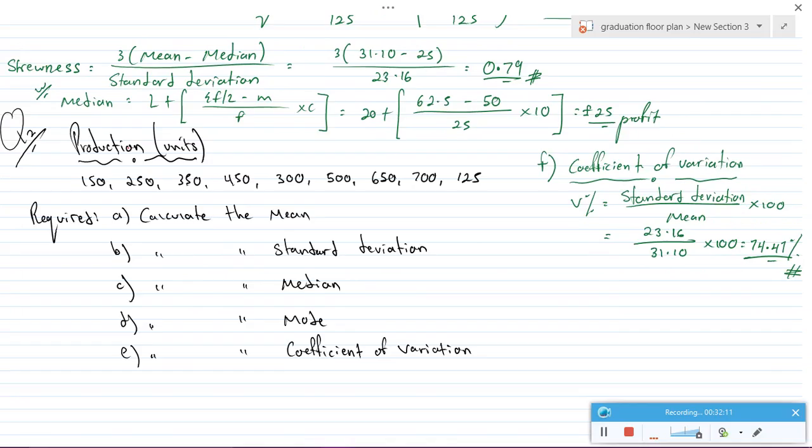Now, step number 1, you have to do the working for x minus mean power of 2 first, so we can calculate the standard deviation.